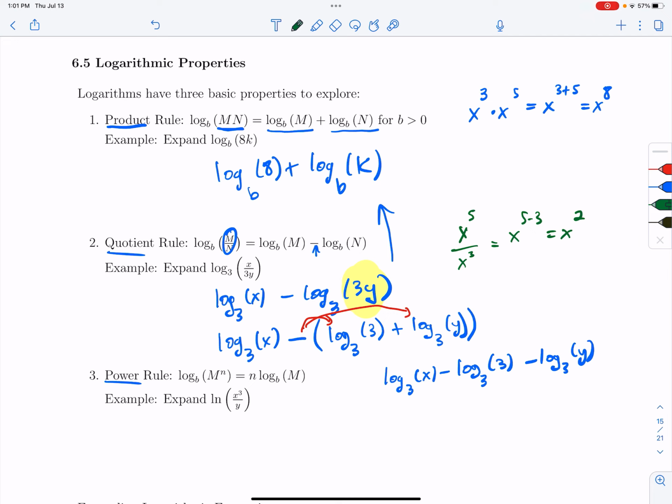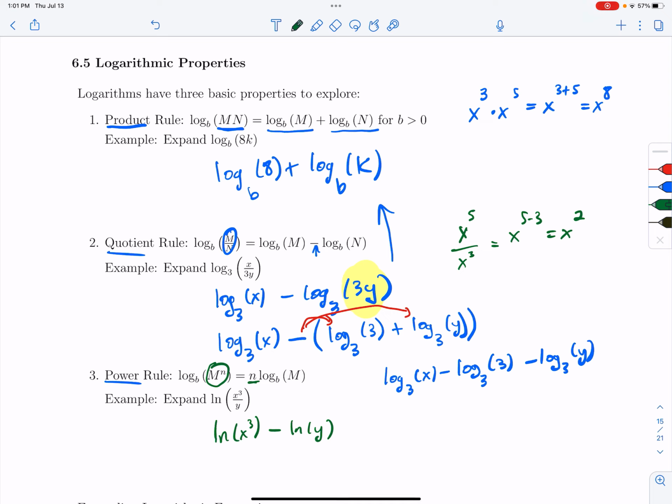Okay, and then lastly, we have the power rule. If I have a power or an exponent inside the argument, that exponent can become the coefficient for the expression. So let's expand ln of x cubed divided by y. The first thing I'm going to do is rewrite this using the quotient rule.